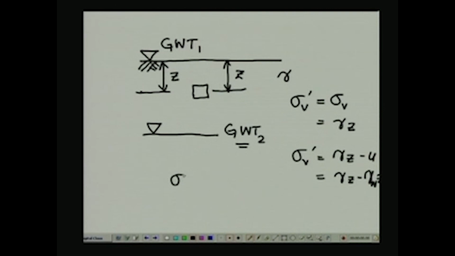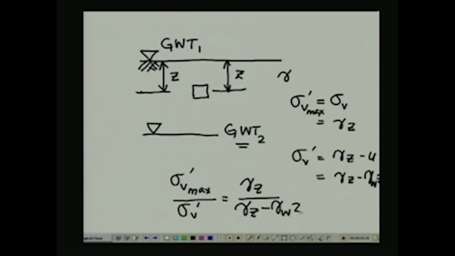So then what we have got is the ratio of sigma v prime max over sigma v prime is going to be equal to gamma z divided by gamma z minus gamma w z.